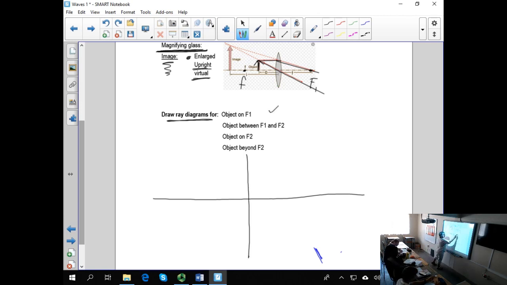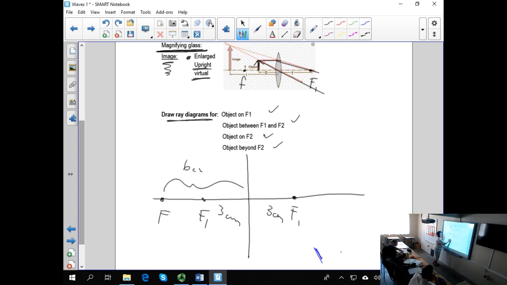For each of these cases, I want F1 to be a distance of 3 centimeters from the lens, so F2 will lie a distance of 6 centimeters from the lens. Are you all with me?